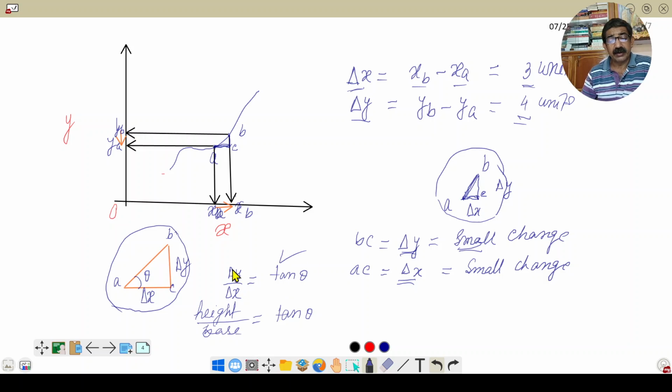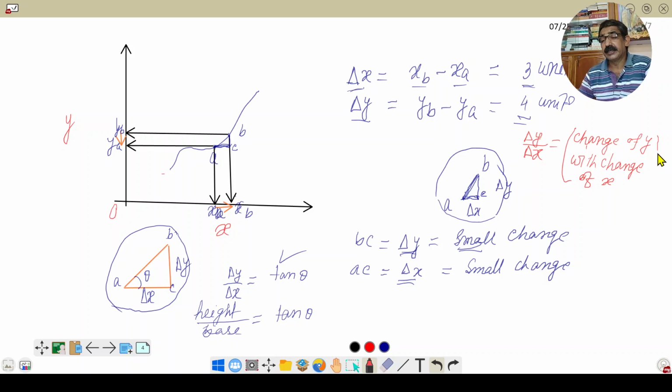So this tan theta, or delta y by delta x, this ratio gives the rate of change of y with respect to x. In language, delta y by delta x is equal to change of y with change of x.